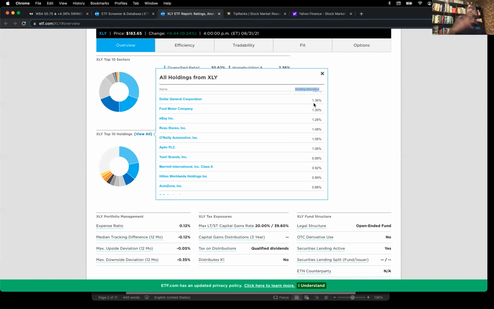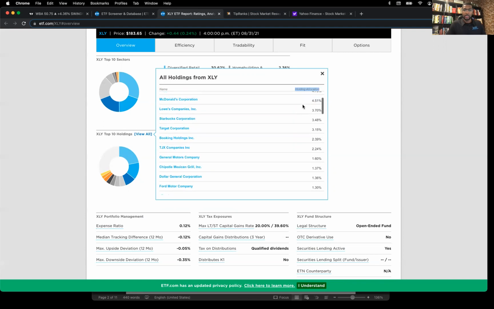Let's say the fund takes off and it's straight bullish, right? But then you pull up the Dollar General stock and it isn't really going anywhere. Just understand that it's only 1.36% of the overall fund. So that might not give you a good representation of where that particular stock might be.